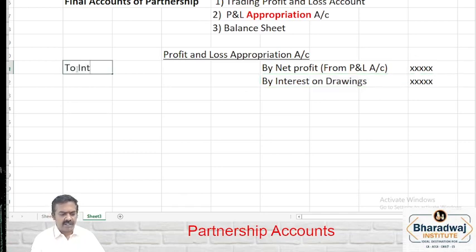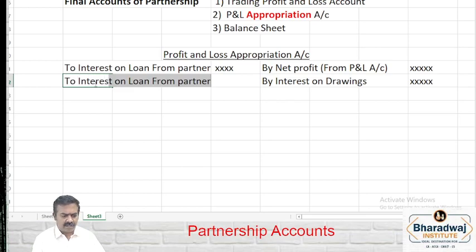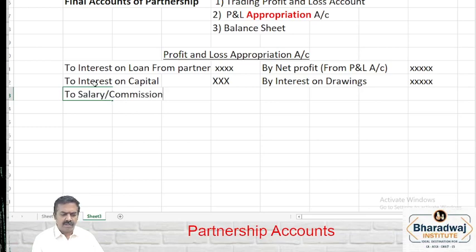Likewise, you have to pay interest on loan. Interest on loan from partner will be paid. To interest on capital: interest on partner's capital will be paid. To salary or commission to partner.